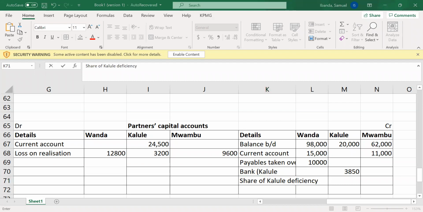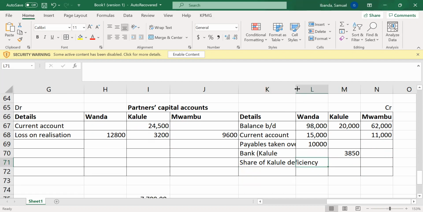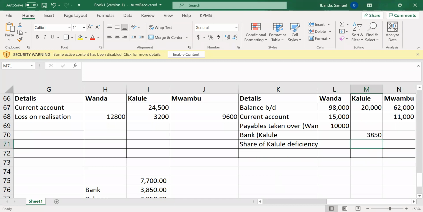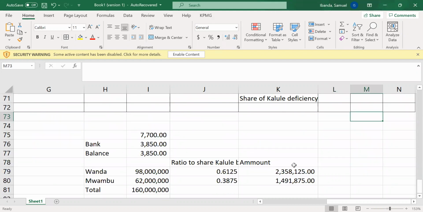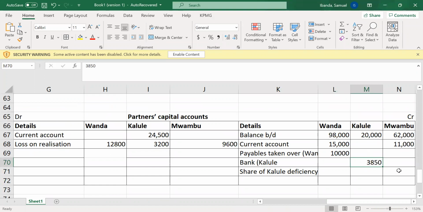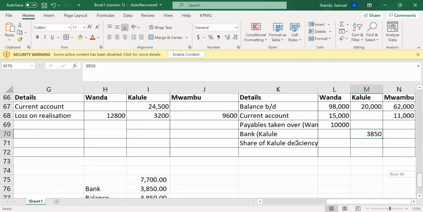The deficiency is being shared between these two partners, and we've already gotten the values. We debit and credit in the same account. These values are going to be on the credit side, in the same column as Karule paid the 3,850.